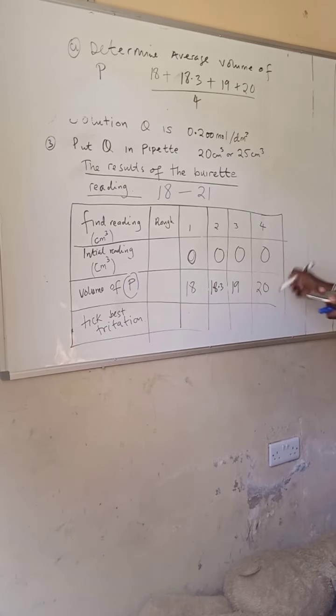If you did 5 titrations, you divide by 5. If you have done 6 titrations, divide by 6. It's up to you. But at least 4 is more than enough.